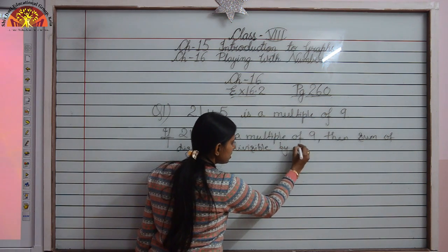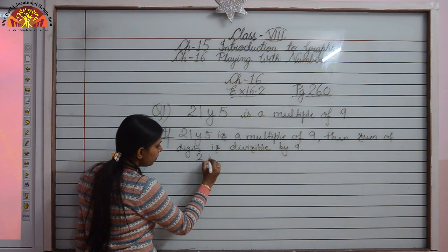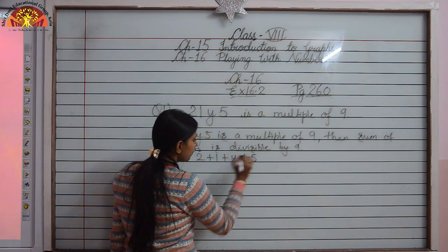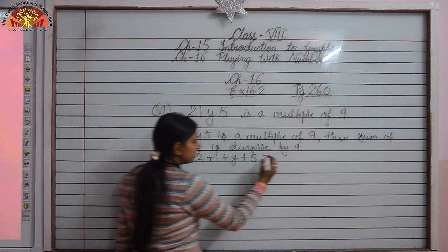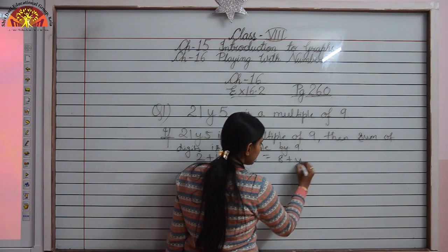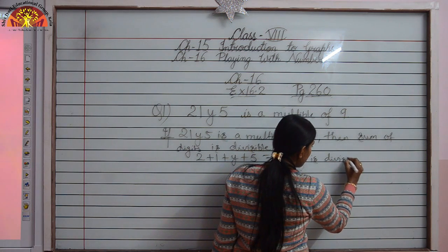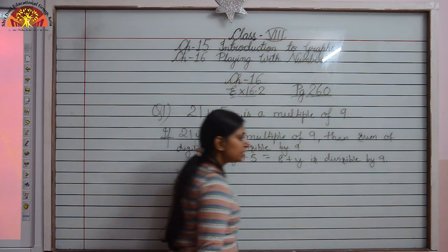Okay, sum of the digits is divisible by 9. That means 2 plus 1 plus y plus 5, which is equal to 5 plus 1 is 6 and 6 plus 2 is 8. That is 8 plus y is divisible by 9.